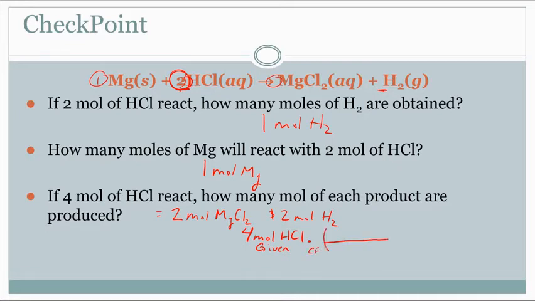So when I do that, I'm going to put moles of hydrochloric acid on the bottom, and I'm going to put moles of magnesium chloride on the top. Well, for every 2 moles of hydrochloric acid, I have 1 mole of magnesium chloride. So my moles of hydrochloric acid cancel. 4 times 1 divided by 2 ends up giving me 2 moles of magnesium chloride.